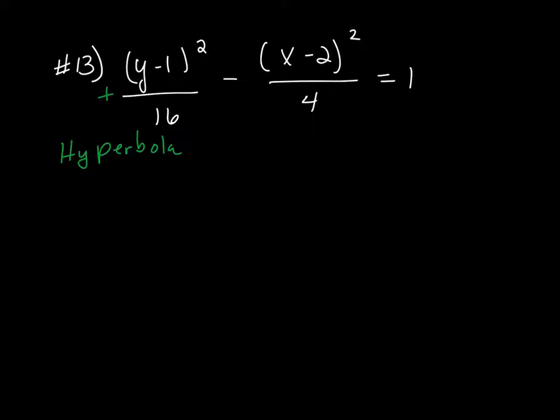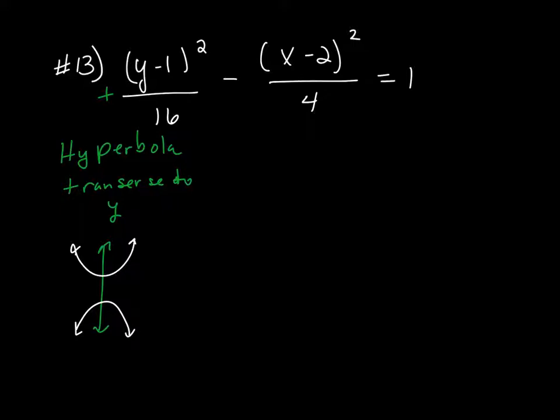So what this tells me, this is going to be transverse to the y-axis. So the long side of my hyperbola is going to be going this way, and my hyperbola, excuse me, will be going up and down.